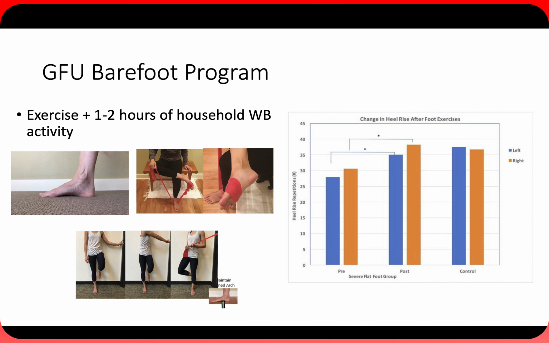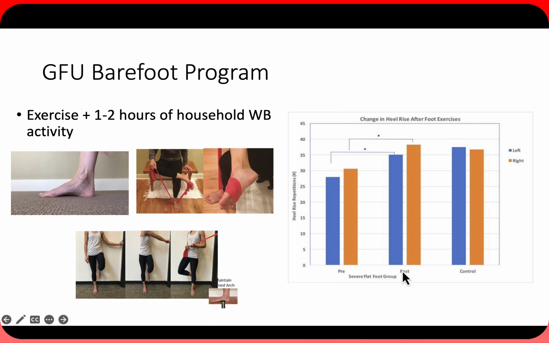And then I wanted to show this again. This is our same exercise program that we showed you before, and this is one of the remarkable outcomes that occurred. Essentially, we never did anything with heel rises during this exercise program. There was absolutely no training related to that, just these 3 exercises.